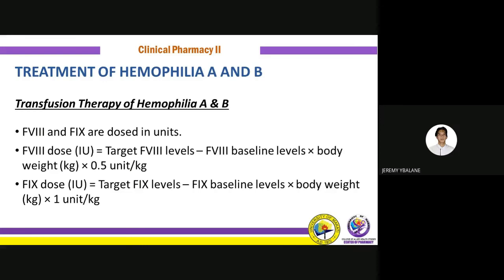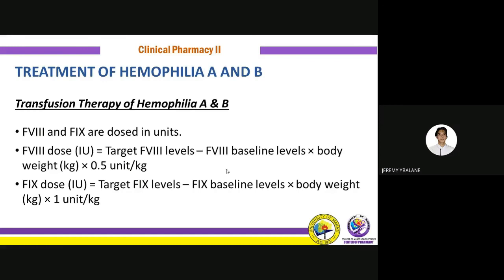This formula, the factor VIII dose, ang variables lang na we need to consider dito is yung target factor VIII levels minus factor VIII baseline levels, and multiply mo siya sa body weight ng patient in kilogram tsaka multiply sa 0.5 unit per kilogram.